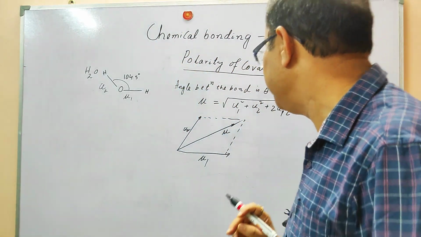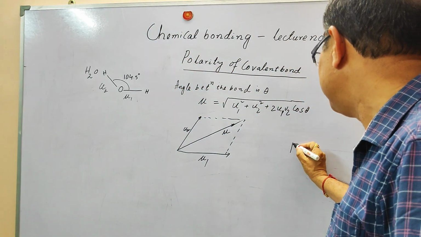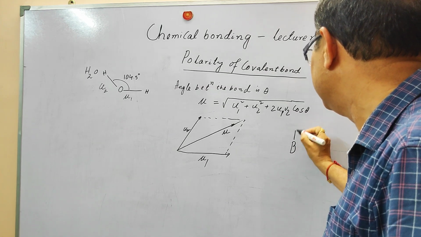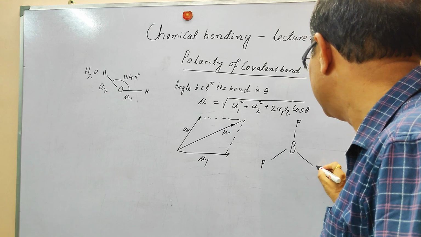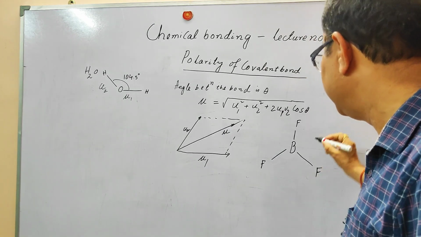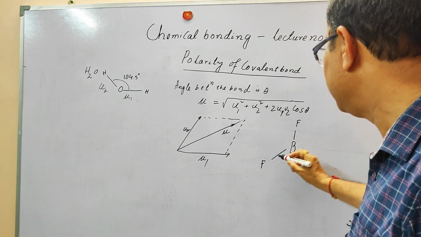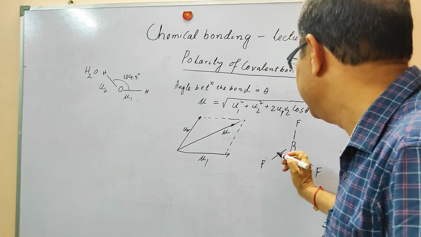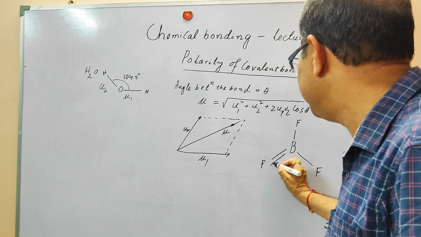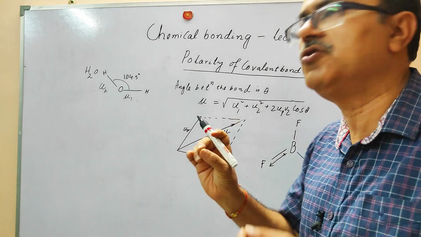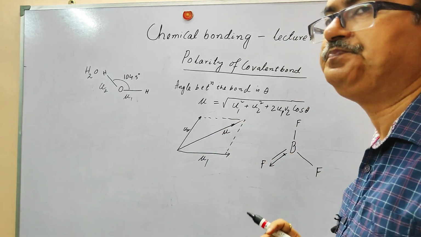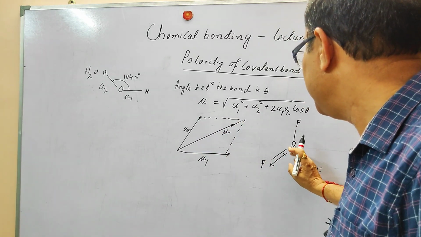Okay, as an example, you can take BF3. For BF3, suppose all the bond dipoles are the same. This dipole moment is directed in this way, because fluorine is much more electronegative than boron. So what is going to happen?